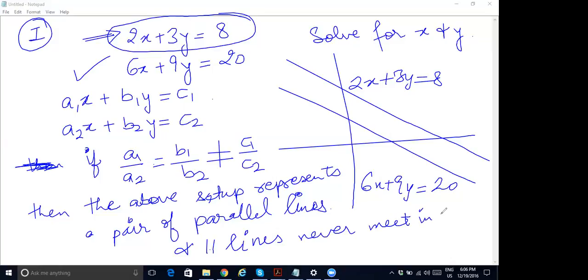Parallel lines never meet in space. So the question was solve for x and y. Hence, no solution. Or we can say no real solution.